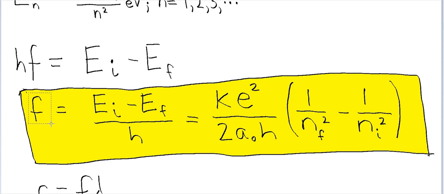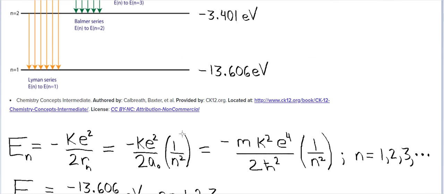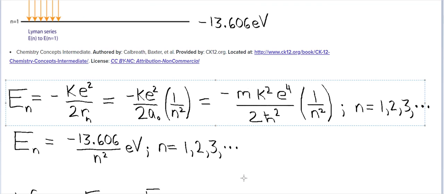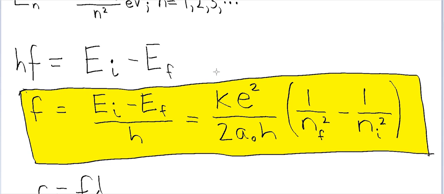You can solve this for frequency, such that frequency goes as the initial energy level minus the later energy level divided by h, Planck's constant. And since we already know what the equation for E is, we can plug that in and say it's plus ke squared over 2a naught h times quantity 1 over n final squared minus 1 over n initial squared end quantity.